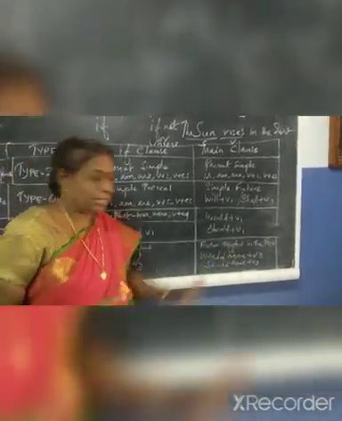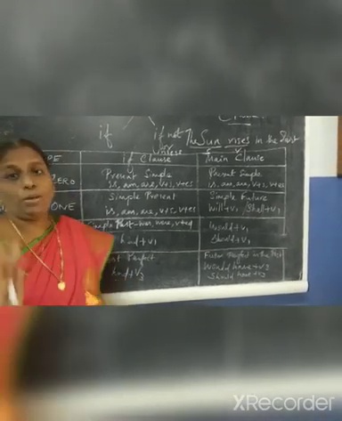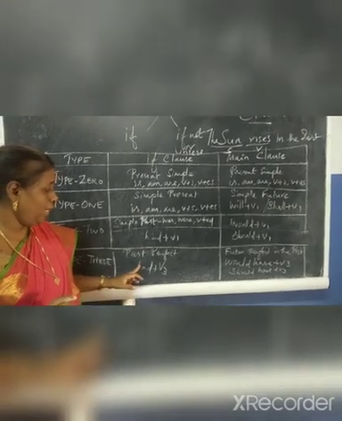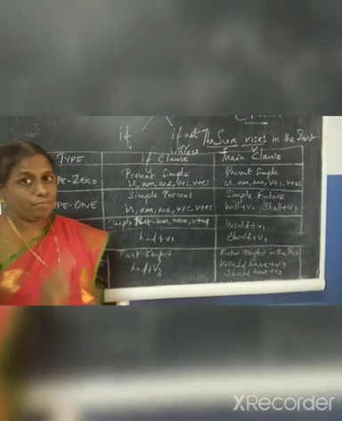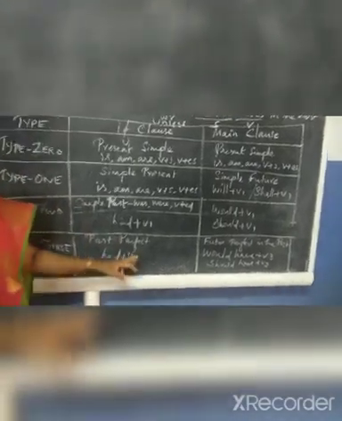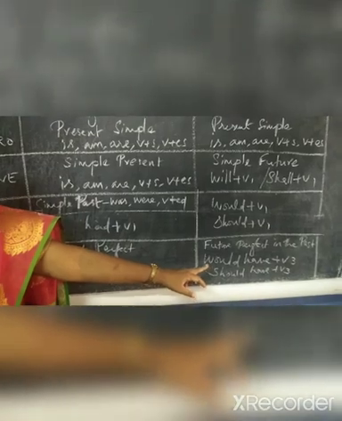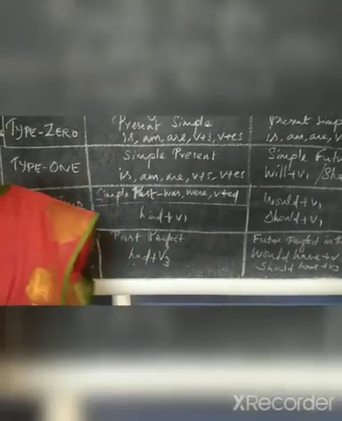Would have plus V3, should have plus V3. Understand? For example, if I had participated in the match, I would have won. I would have won. Understand? This is type 3.